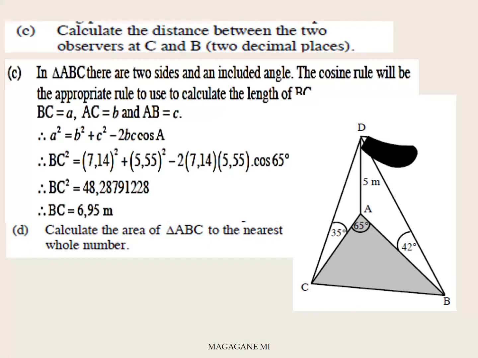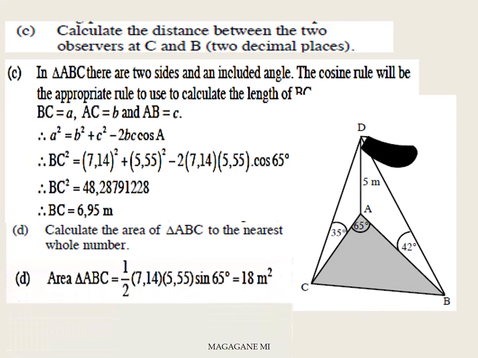To get the answer here, you just use your calculator and then you get 48.28791228. Then we introduce square root, therefore BC equals 66.95 meters.